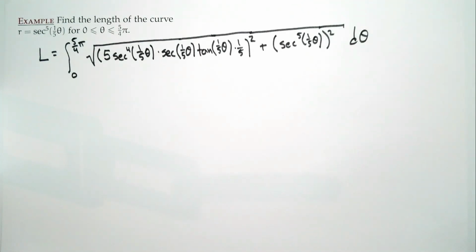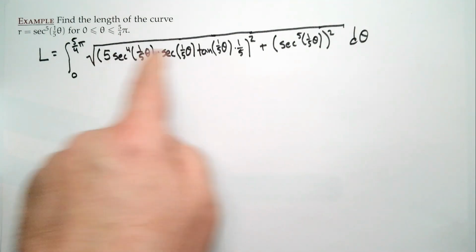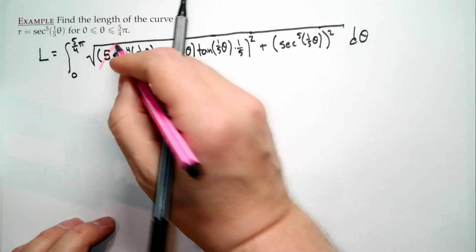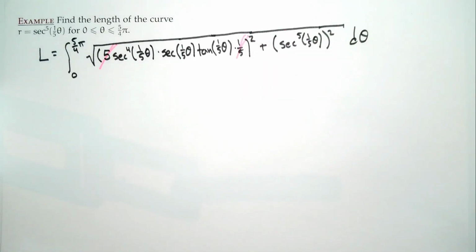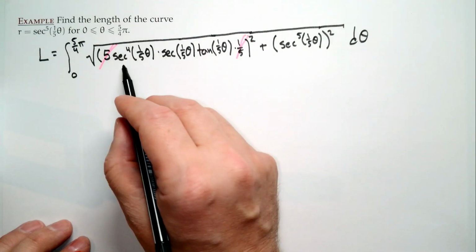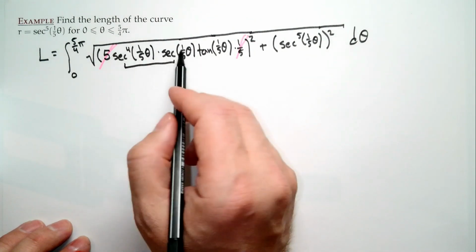Now, there's a couple of things that are nice. Notice we have a 5 and a 1/5, so we can cancel, almost as if that had been planned to happen, because it was planned that way. And notice here, we actually get a secant to the fifth.